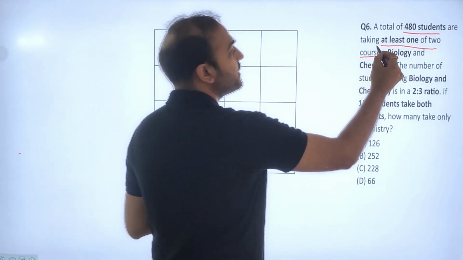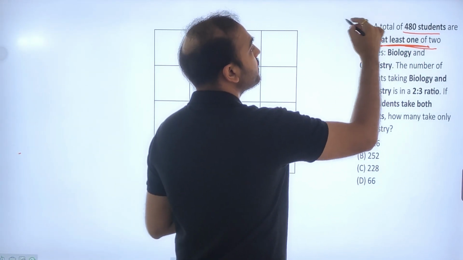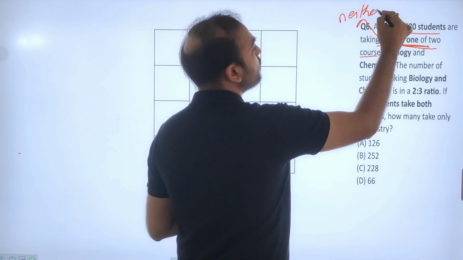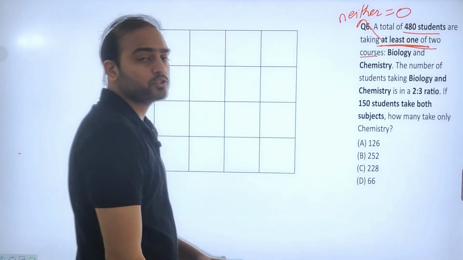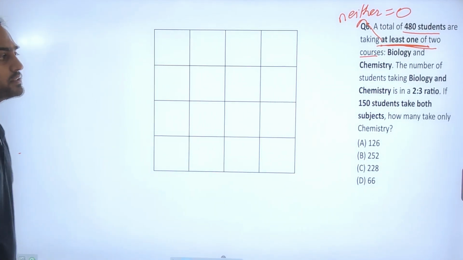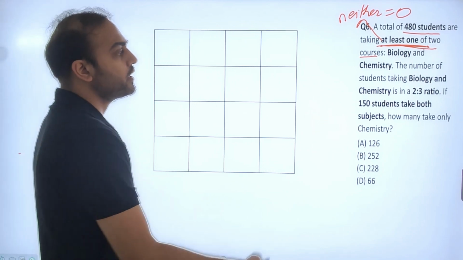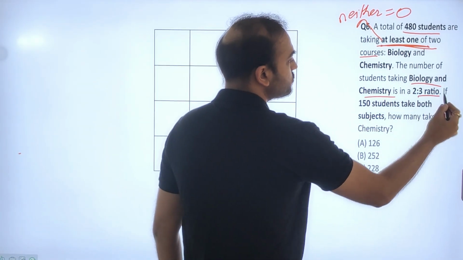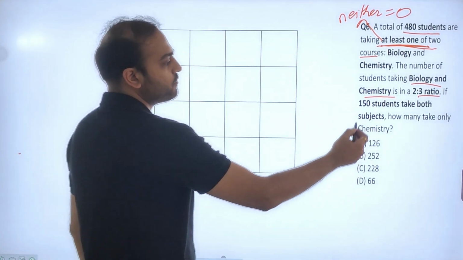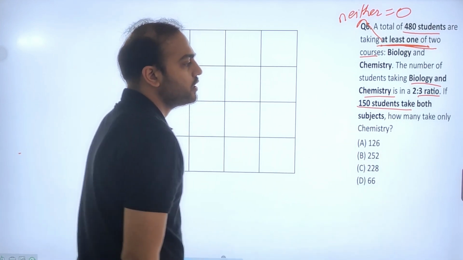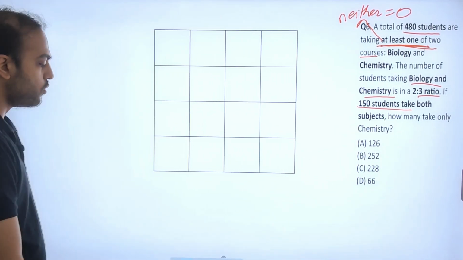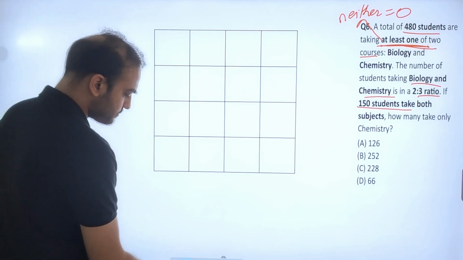This tells you that neither is zero. We also know that the ratio of the students is 2:3. 150 take both. Question is, how many do only chemistry?